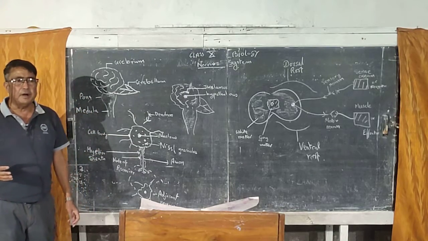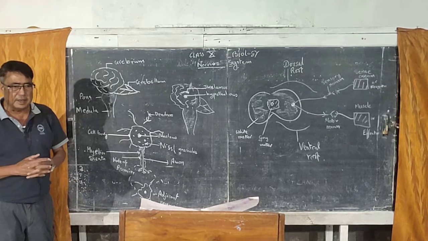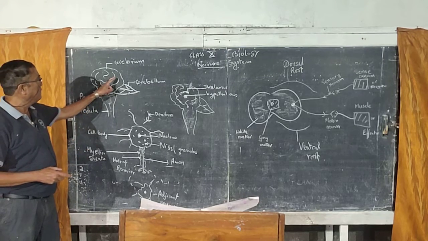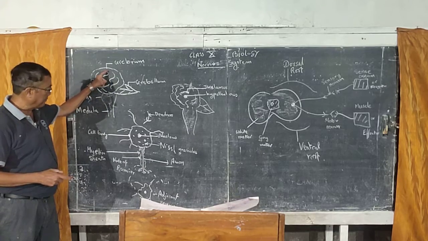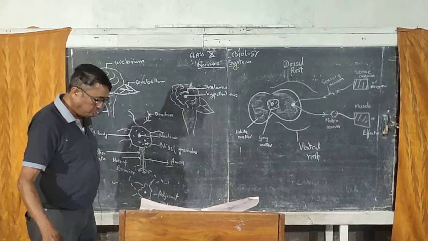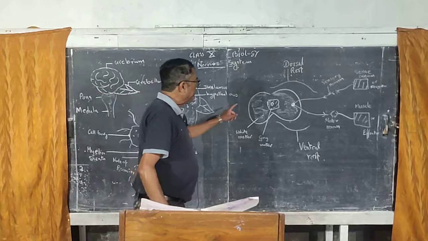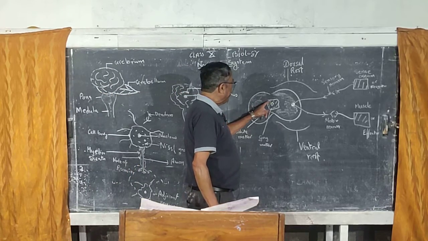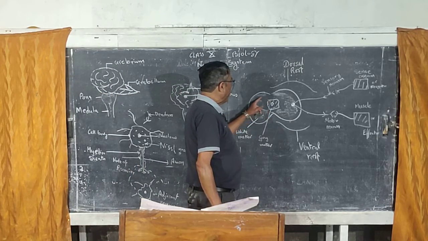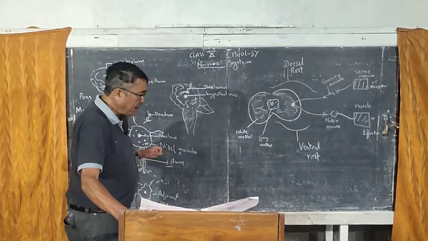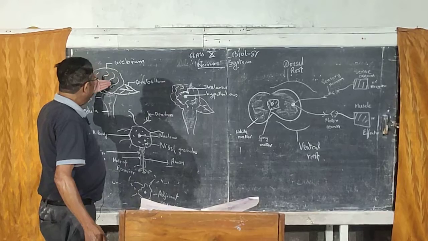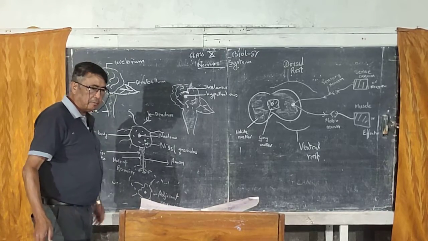The IQ or intelligence of a person depends on the number of folds and the gray matter in the brain. Now, in the spinal cord, gray matter is inside and white matter is outside. But in the brain, gray matter is outside, white matter is inside.